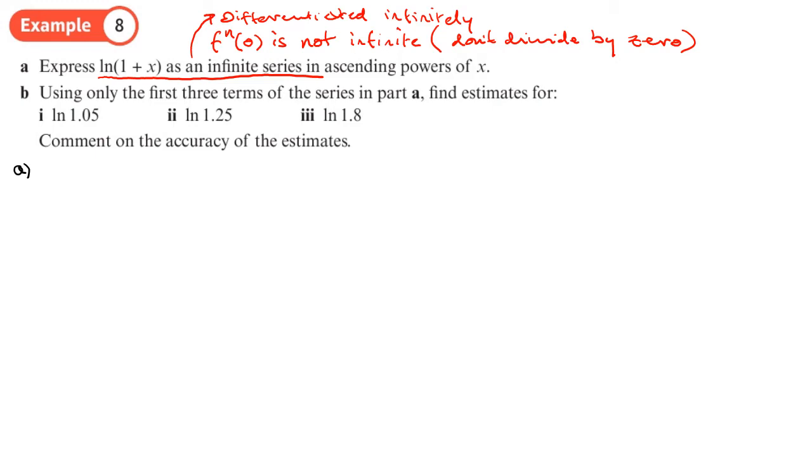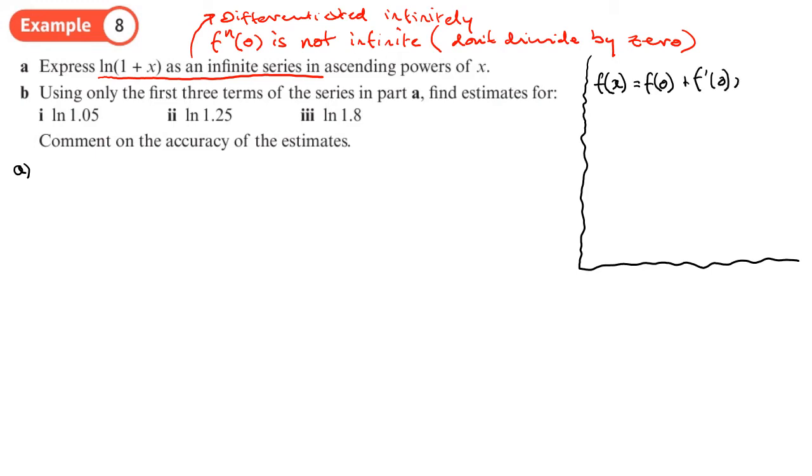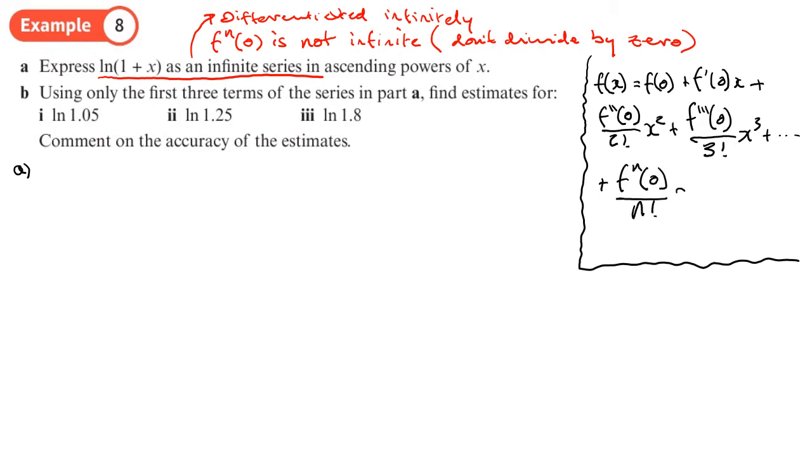So you'll remember, or if you don't remember the Maclaurin expansion, let's write it over here. So f of x can be written as f of 0 plus f dash of 0 x plus f double dash of 0 over 2 factorial x squared plus f triple dash of 0 over 3 factorial x cubed plus dot dot dot up to the nth term, which is going to be nth derivative of 0 over n factorial x^n, or you can use the letter r.